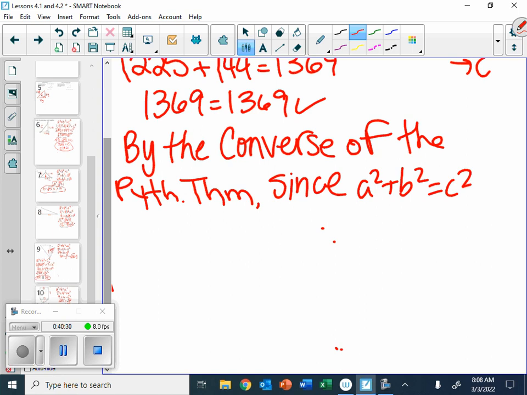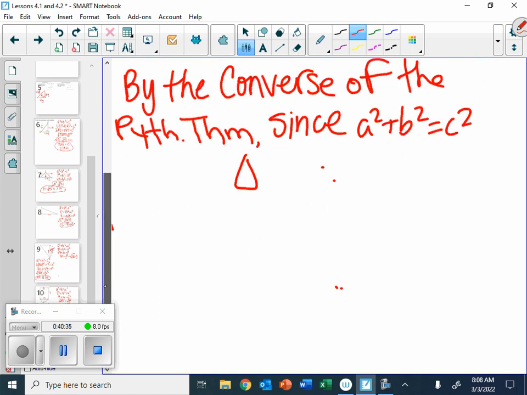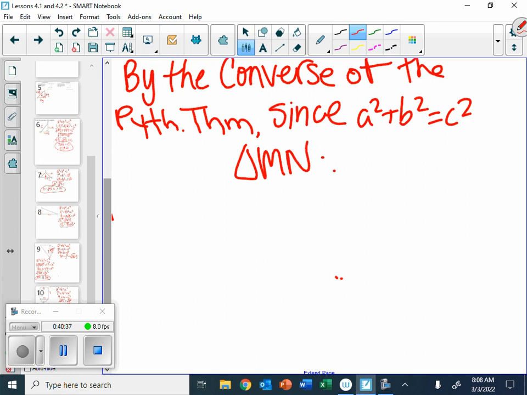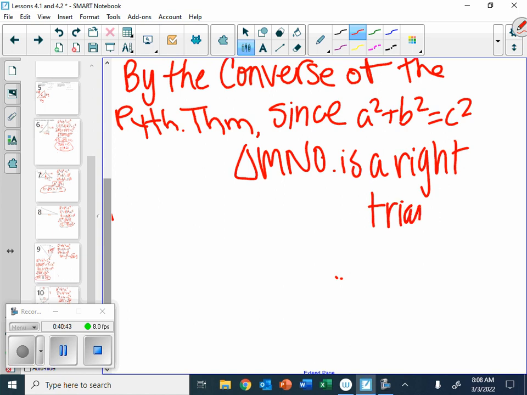So since a squared plus b squared equals c squared, triangle MNO is a right triangle.